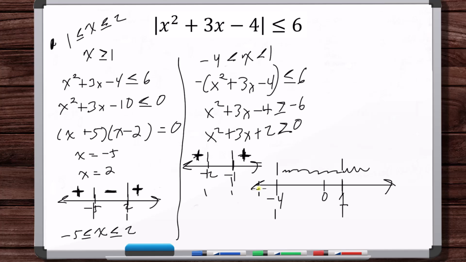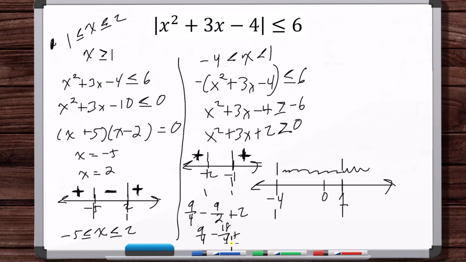Okay, now let's plug in minus 3 halves. That would be right in the middle here. So minus 3 halves squared is going to be 9 fourths. And then 3 times minus 3 halves is minus 9 halves plus 2. So 9 fourths minus 18 fourths plus 8 fourths. 9 minus 18 is minus 9 plus 8.